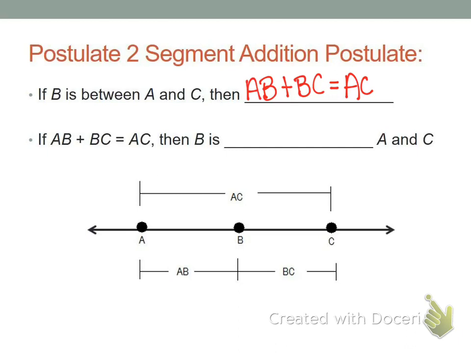It works the other way. If AB plus BC is equal to AC, then B is between A and C.